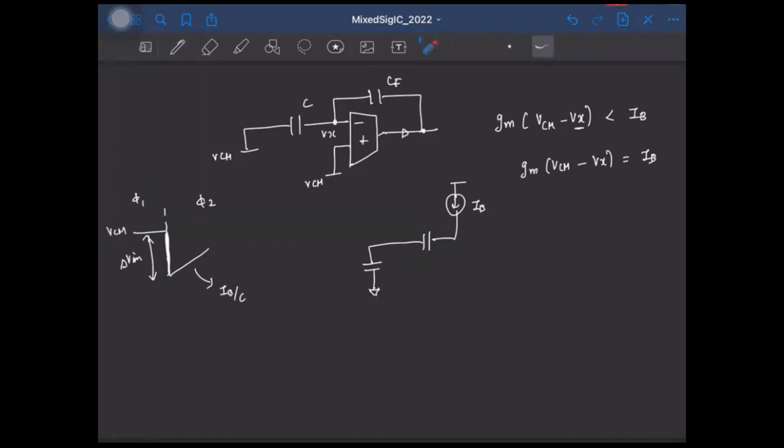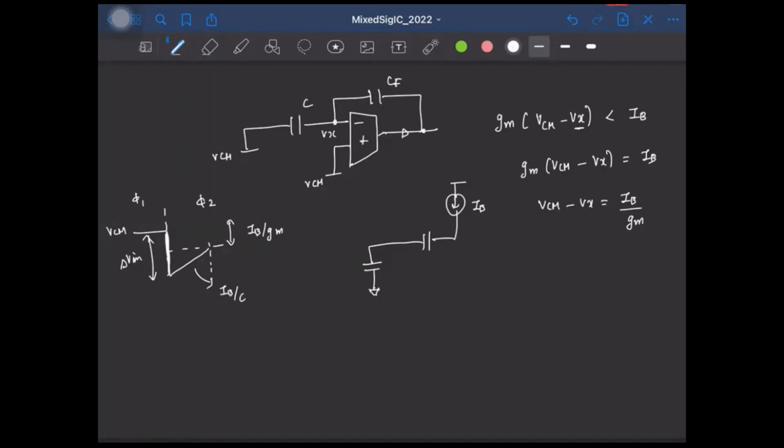Till Vx falls below Vcm by an amount of IB by Gm, right? So remember, this simplifies to Vcm minus Vx to be IB by Gm, right? So till this falls to this value of say IB by Gm, we will have slewing, right? So till this time, slewing will happen.